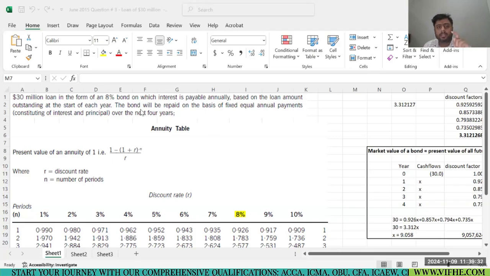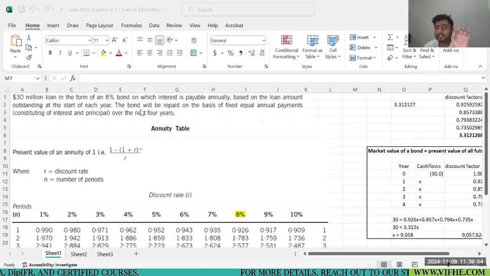And that particular amount will include interest and principal as well. Okay. There is effectively another way of taking a loan in which you annually pay interest, and at the end of the 4th year, you pay back the loan.